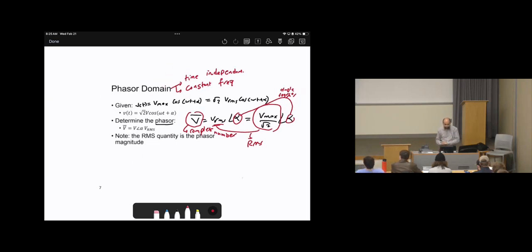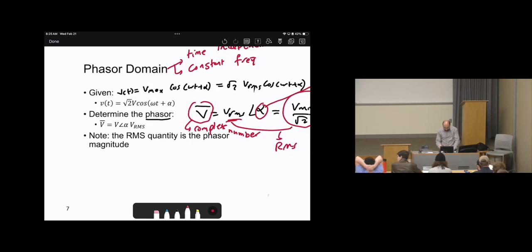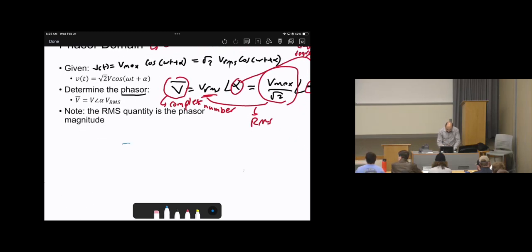So again, the RMS will be complex numbers. We can do this for voltage and current. Whenever we have currents, I bar will be I RMS angle beta, or I max divided by square root of 2 angle beta. Okay?